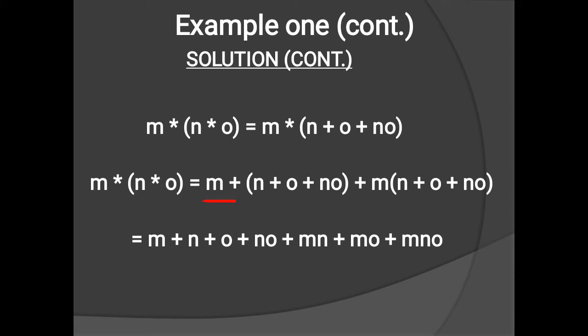So M plus N plus O, we have removed the parentheses, plus NO. We are just removing the parentheses from that side, plus now M is multiplying everything in the parentheses, so we have M times N, which is MN, then M times O, which is MO, then M times NO, which is MNO.